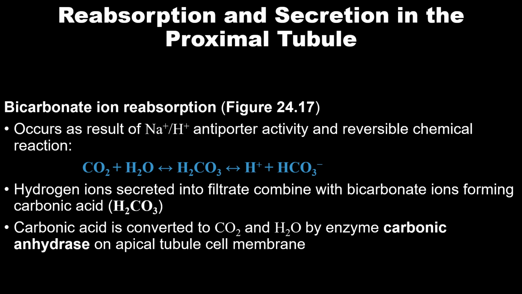And this newly formed carbonic acid will spontaneously dissociate into bicarbonate and hydrogen ions. And this complete reaction is shown here. If you remember, carbonic anhydrase also catalyzes the reverse reaction, turning carbonic acid into carbon dioxide and water.